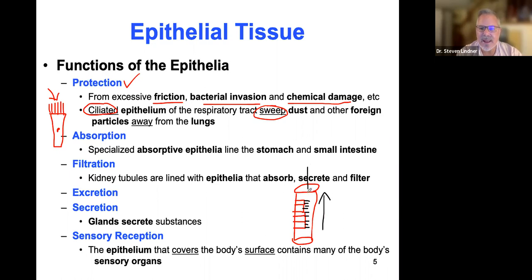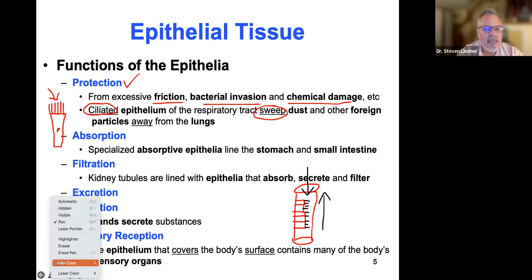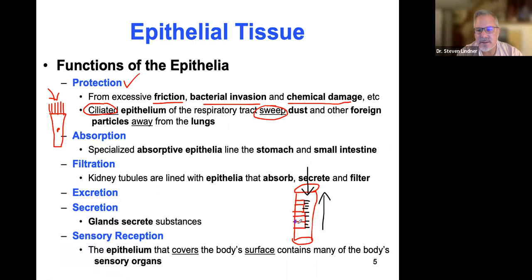Remember, you're breathing in air, and air and dust particles are coming in this way, but the cilia are going to beat upwards. And then we also have, let's say, these other cells. I'm going to make them blue here. These are called goblet cells. And goblet cells are just hidden in here. But what they do is they secrete mucus. And that mucus is going to go to the top where the cilia are, and it's going to create this layer that's going to stick to the cilia.